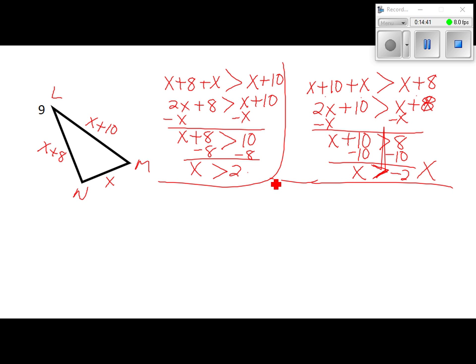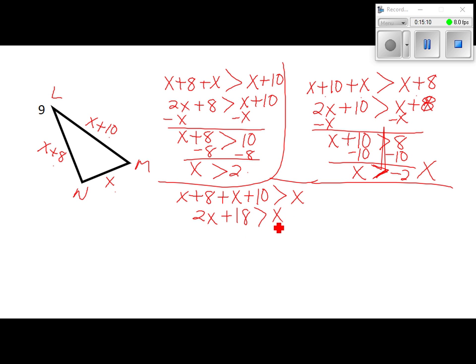Now we do the third pair of sides, or match up the sides the third way, and it'd be x plus 8 plus x plus 10 should be greater than the x. So this side plus this side has to be larger than that side. Collect like terms, you get 2x plus 18 is greater than x.